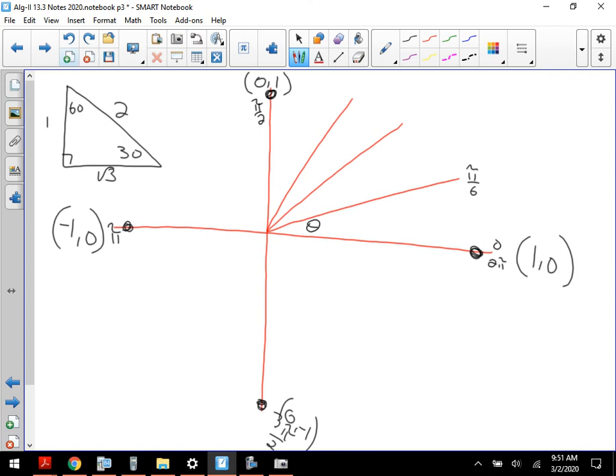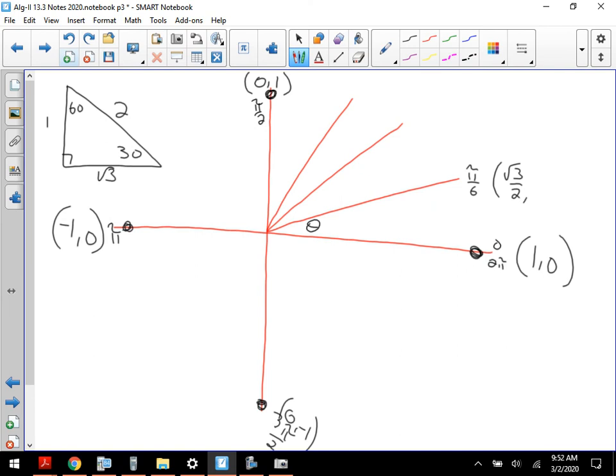So if I'm at 30 degrees, what's my cosine? What's my adjacent? Root 3 over 2. What comes first in the alphabet, cosine or sine? X or y. What's my x-coordinate at that point? My x-coordinate here is root 3 over 2.